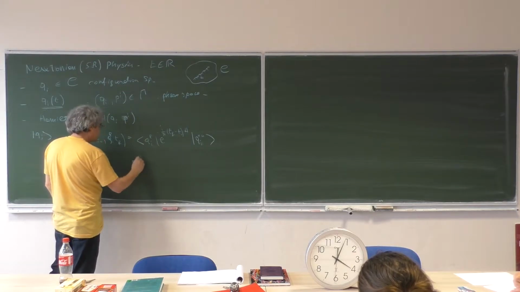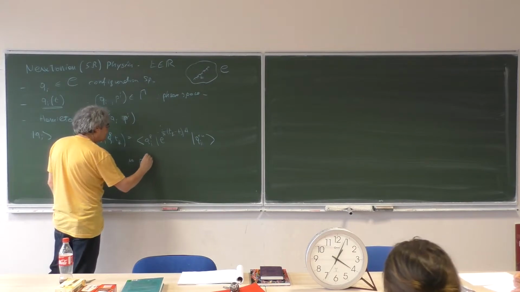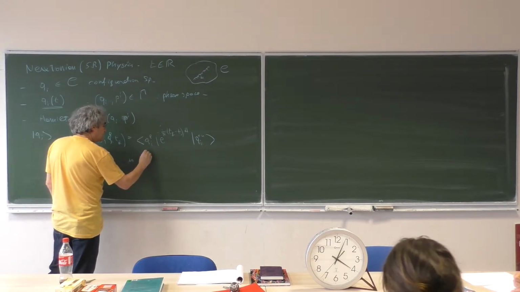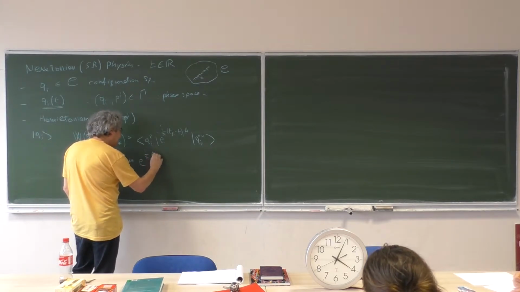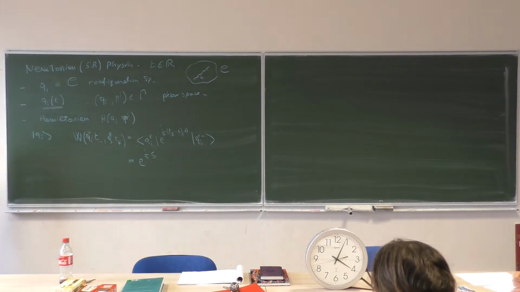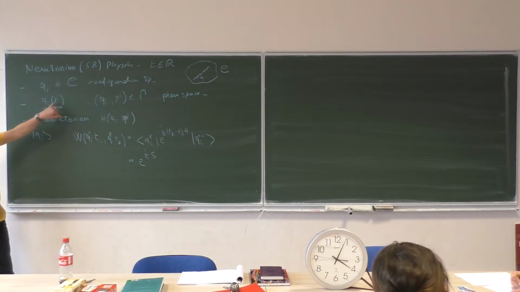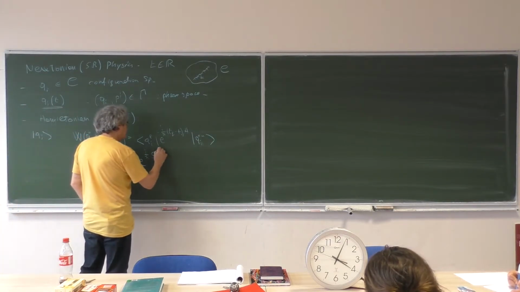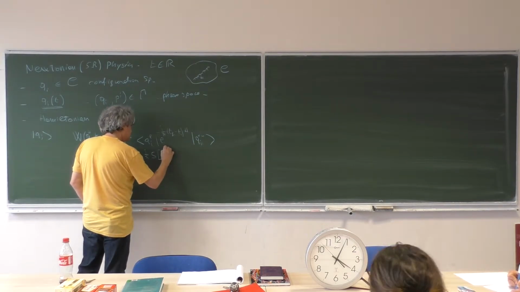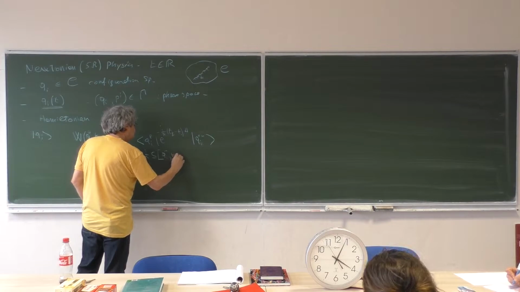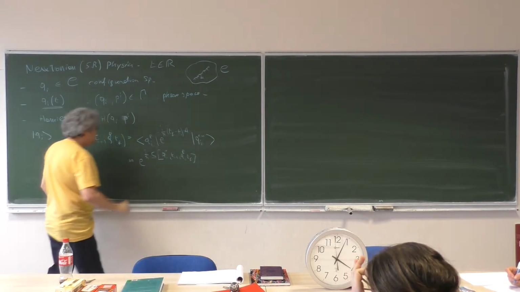So the amplitude is approximately proportional to e to the i over h bar times the classical action of the physical trajectory that starts here and goes there, which is what I call the Hamilton function, of q_i initial, t initial, q_i final, t final.